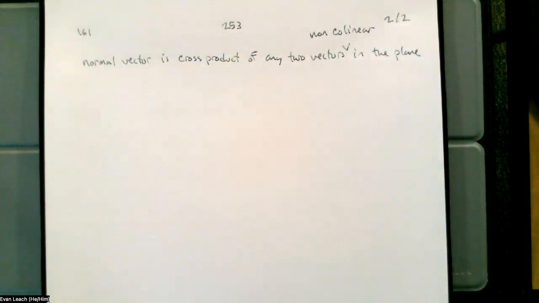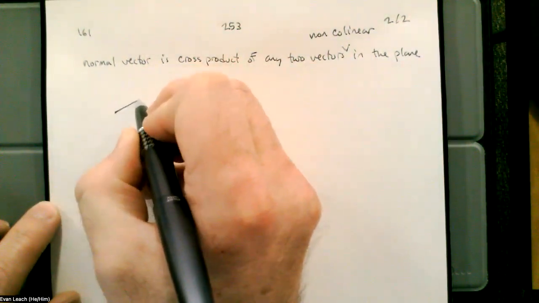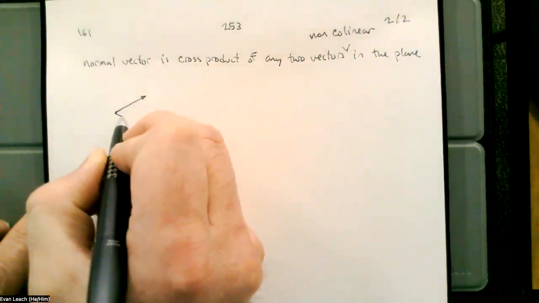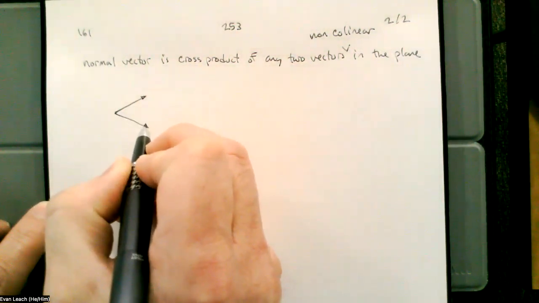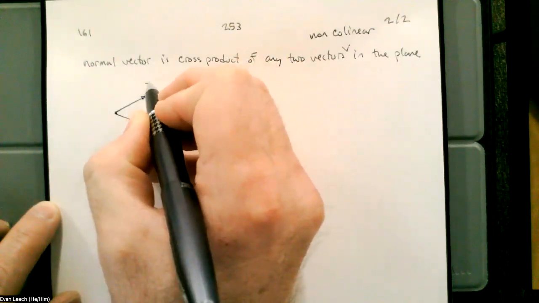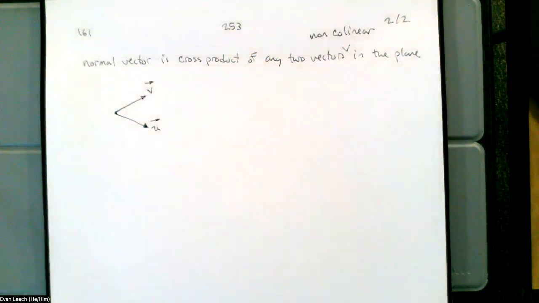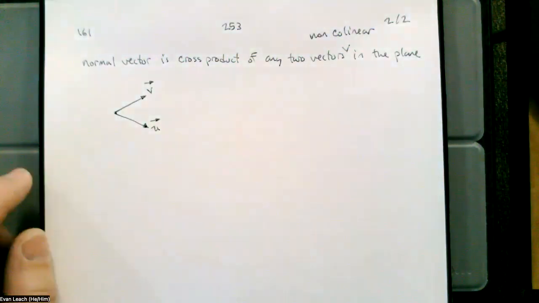So if we take any two non-collinear vectors from the plane, the plane is the span of those two vectors.